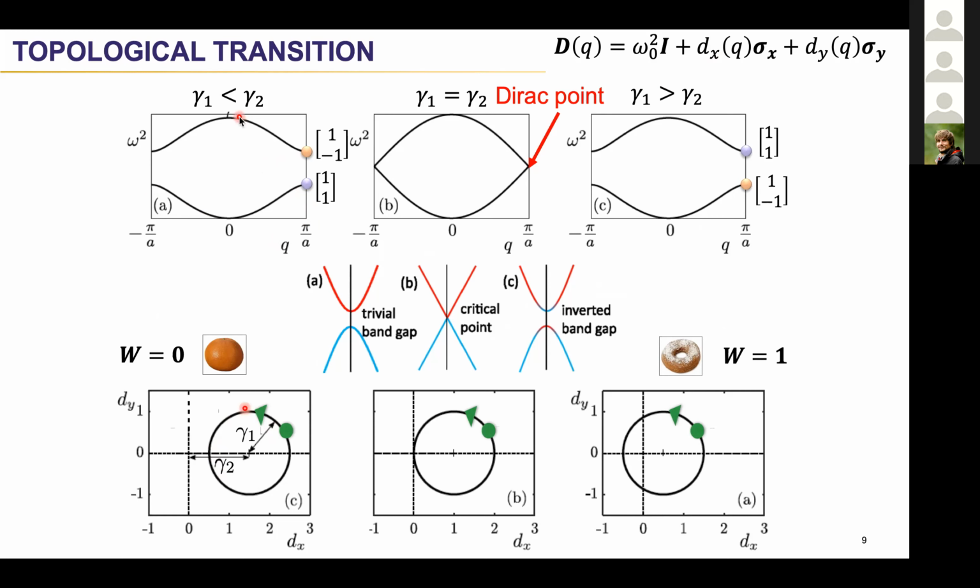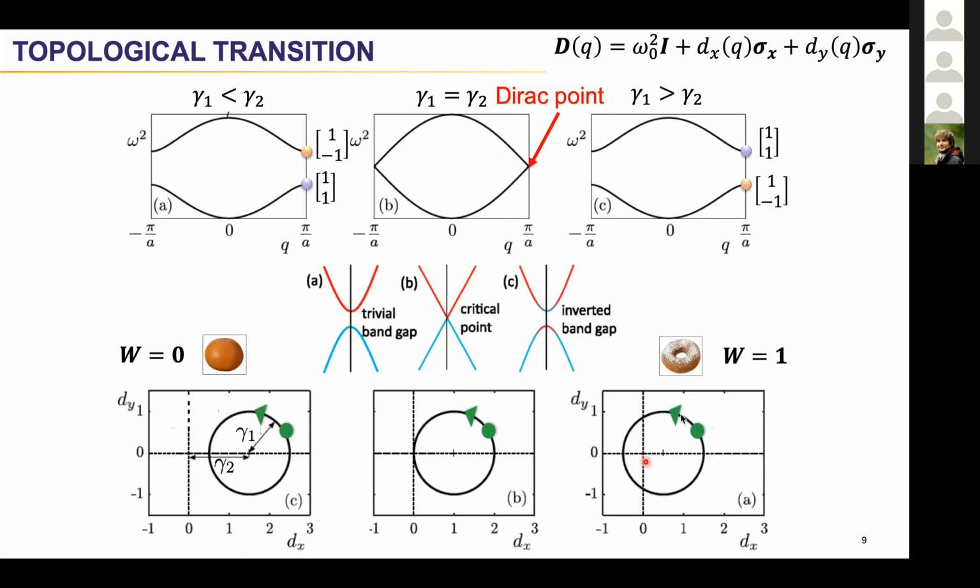For this configuration, which is gamma 1 less than gamma 2, this loop does not encircle the origin. Whereas for the configuration gamma 1 greater than gamma 2, this loop encircles the origin. And this quantifies the topology.